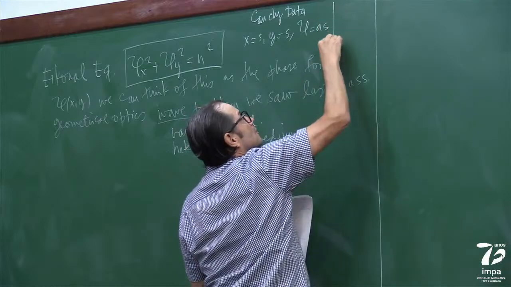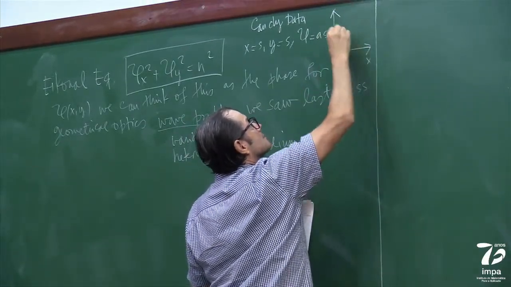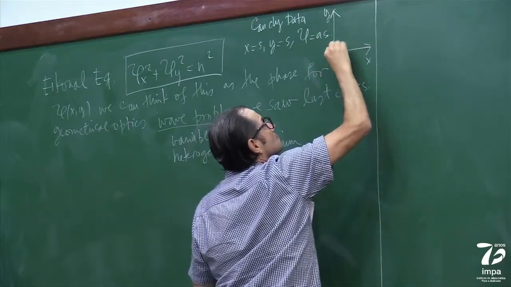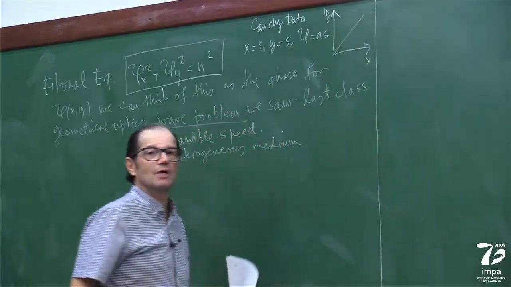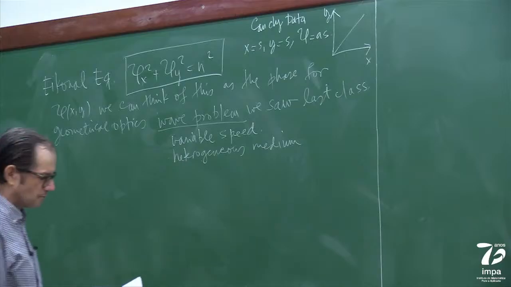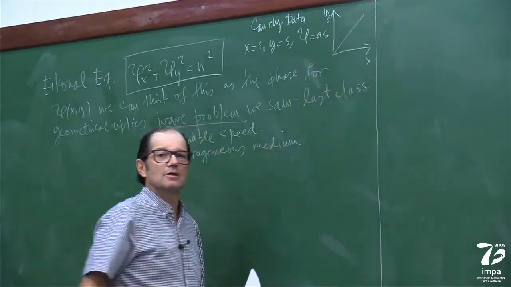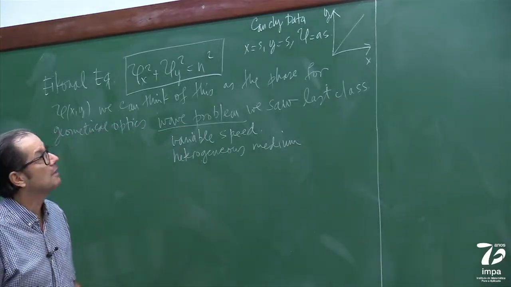I can put the figure here so that I can keep everything together. X, Y, okay, we have this as our sort of what I call initial curve, which is a straight line, and we have the phase varying along this line, okay.